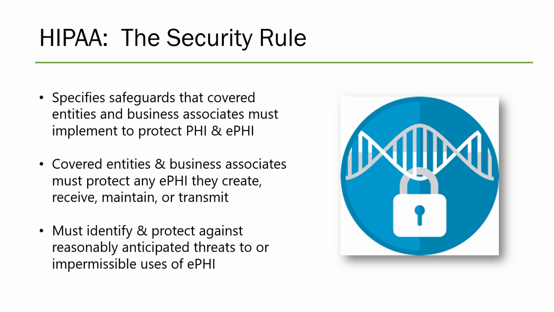They're also responsible for protecting against any reasonably anticipated threats to PHI or reasonably anticipated impermissible uses or disclosures of ePHI. Covered entities include covered healthcare providers, health plans, and healthcare clearinghouses. Business associates refers to any agency or business covered entities are doing business with.